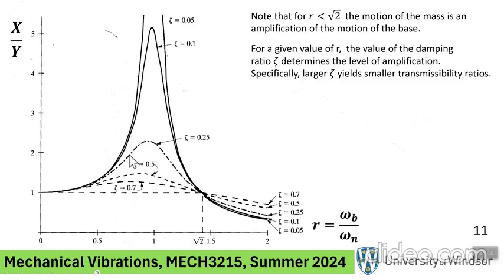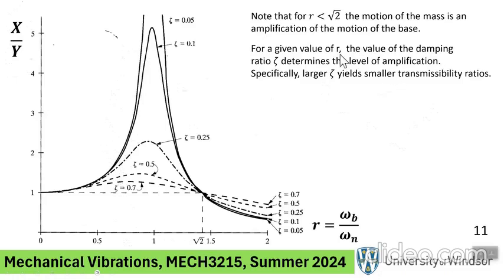But notice that the bigger the damping, the smaller that ratio. Okay, so the amplitude of the motion of the base is reduced when the damping amount goes up. You can see that. Let's bring it down.